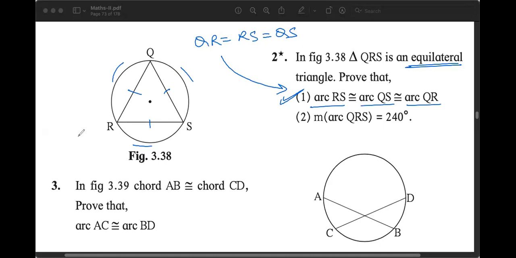Next one is interesting. We have to prove that the measure of arc QRS. Let me clear the screen a bit and then show QRS. कैसे दिखाएंगे?